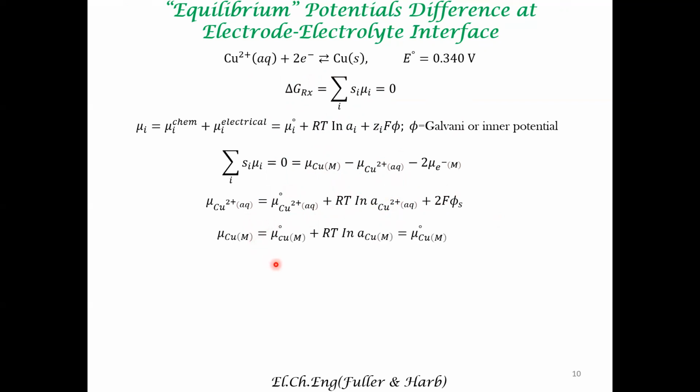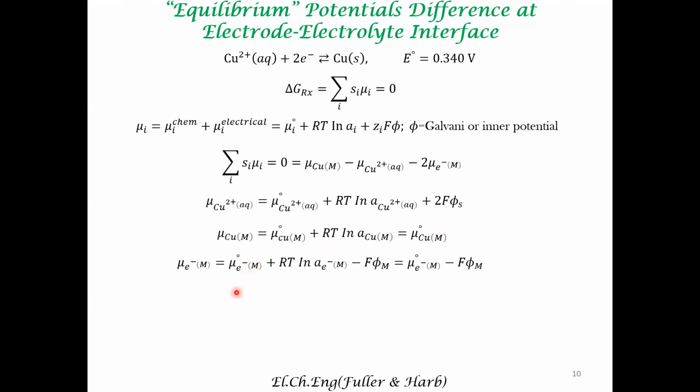A metal is a neutral quantity. It's in zero oxidation state. And by definition, the activity of a pure metal is 1, therefore ln activity is 0. Therefore, mu Cu is just mu naught Cu.